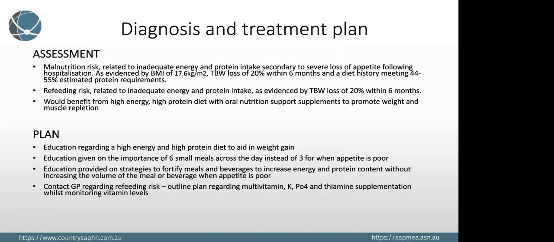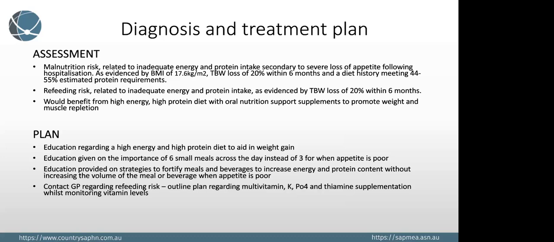Now, my diagnosis and treatment plan. I touched on this a little bit, but in assessment, we make a full diagnosis. Malnutrition risk is number 1, related to her inadequate energy and protein intake, secondary to her severe loss of appetite following her hospitalization for her fall. It's evidenced by her low BMI, her high percentage of body weight loss within a short 6-month period, and a diet history that only meets 44 to 55% of her EPR.